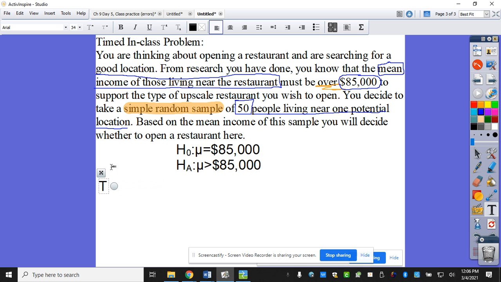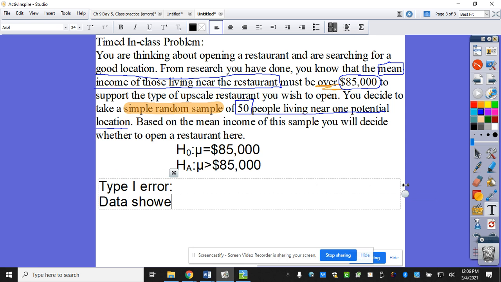So a type 1 error is going to be that the data showed what? What did the data show? Mean what?